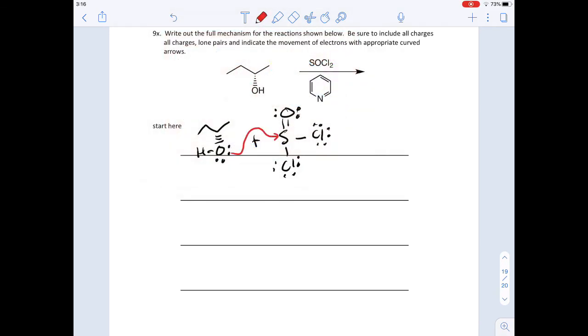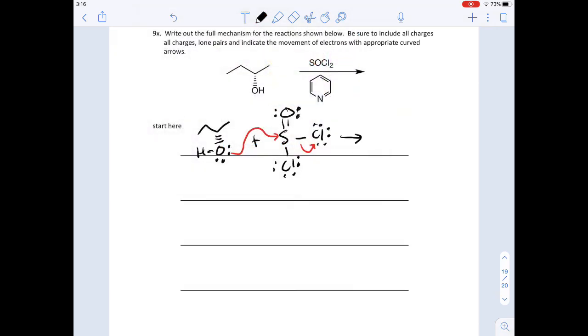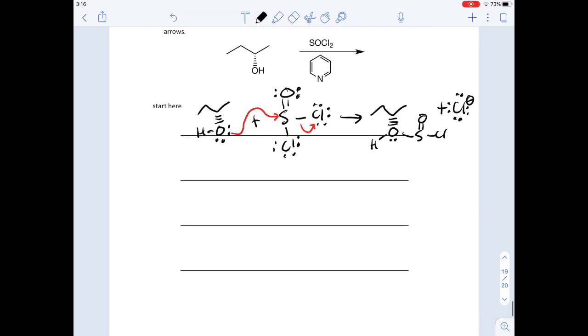Okay, so as usual, the electrons from the O are going to come and bond to the S. This is going to kick off a Cl. So that is going to give you this, plus the Cl anion with all 4 of its lone pairs.